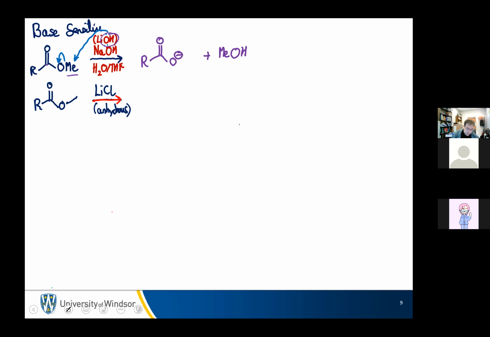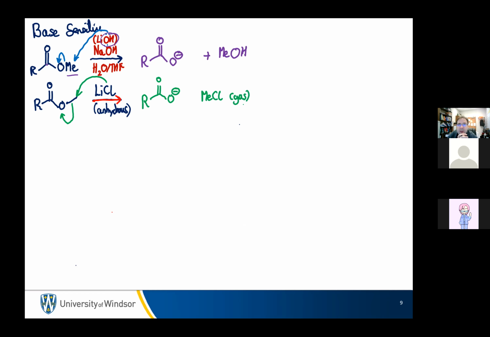And then the chloride attacks the methyl group, the same way exactly as above. It's much gentler. And methyl chloride, of course, is a gas.